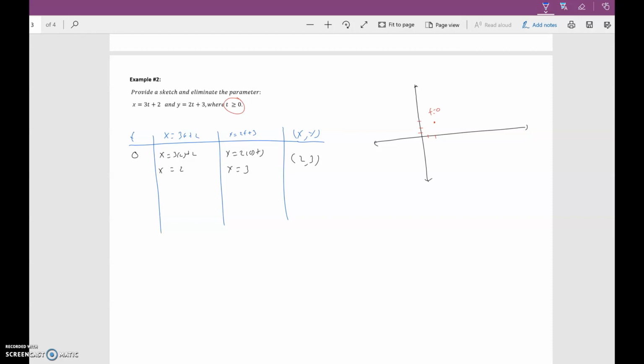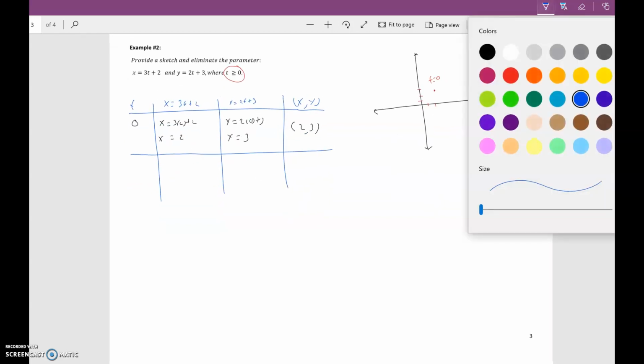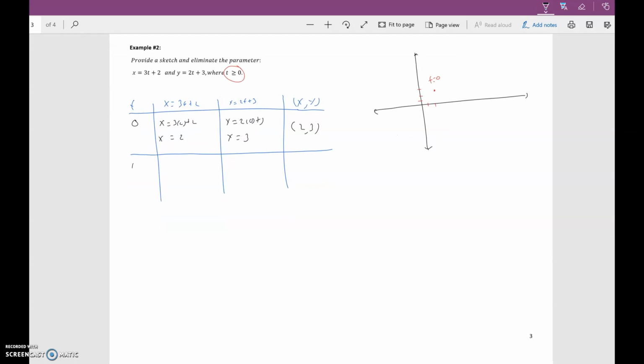Let's look at the second one, and I'm just going to use 1. So x is equal to 3 times 1 plus 2. X is equal to 5. Y is equal to 2 times 1 plus 3, so y is equal to 5.